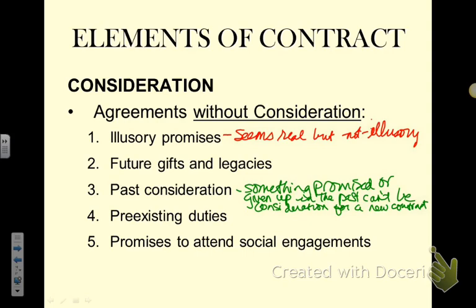Okay? So pre-existing duties. So Ryan, he's got a pre-existing duty. He's got to mow the lawn, and for $25, I'm going to give him $25 every time he mows the lawn. I can't then turn around. He's got a pre-existing duty, and I've got a pre-existing duty to pay him that $25.